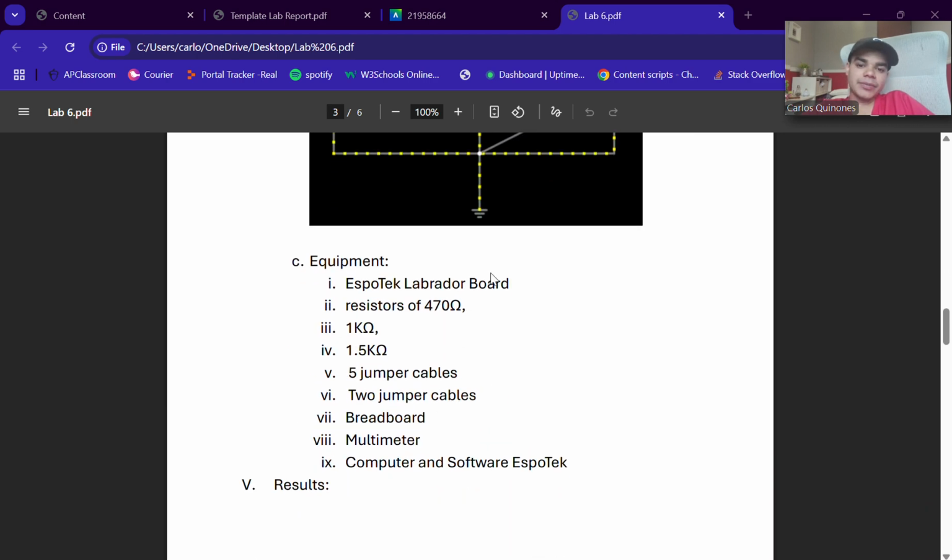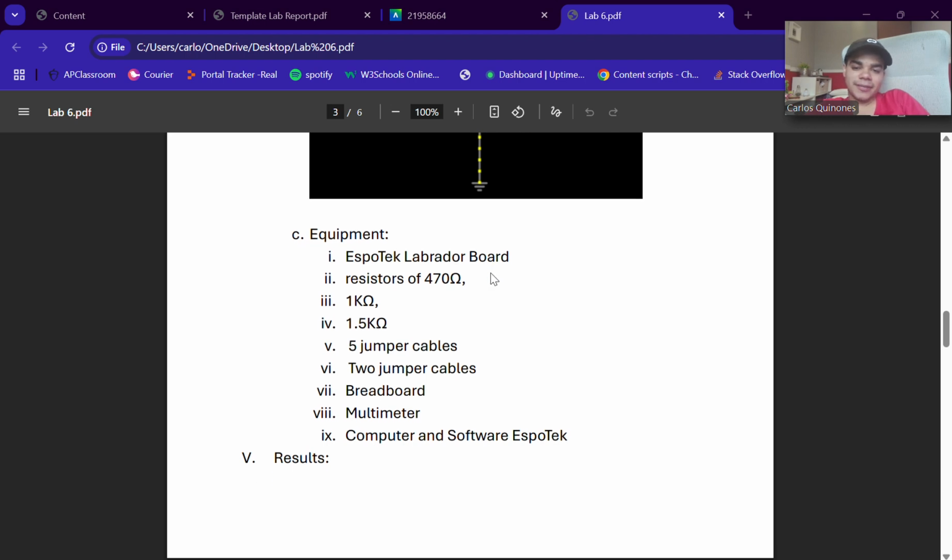The equipment used was the Espotec Labrador board, including the software, two jumper cables, a 720 ohm resistor, a 1k ohm resistor, a 1.5k resistor, the breadboard, and obviously the multimeter to measure them.